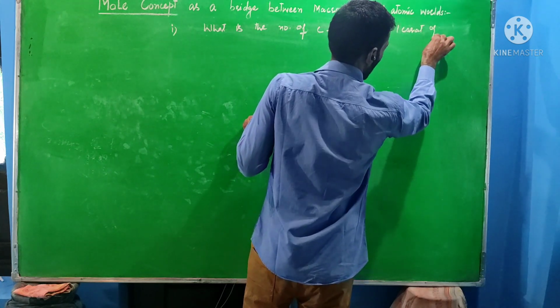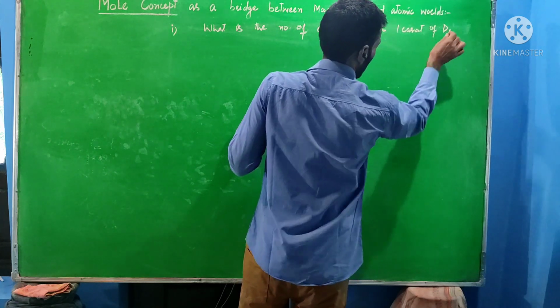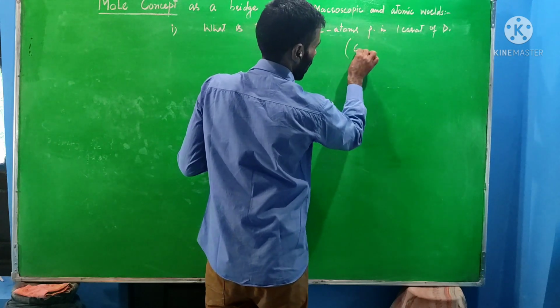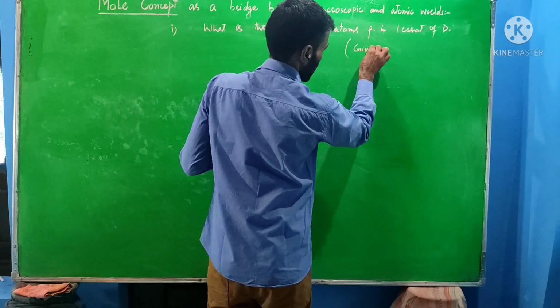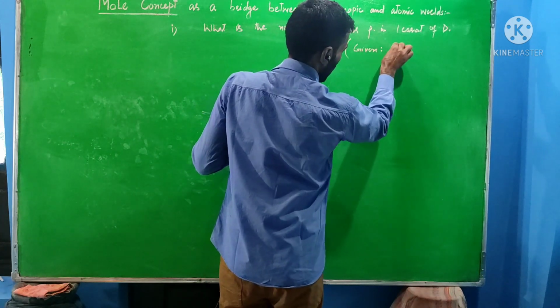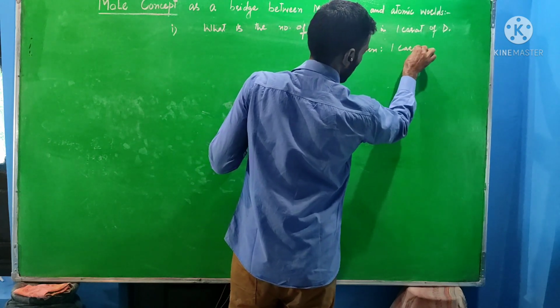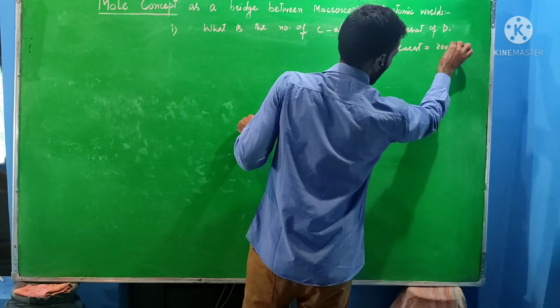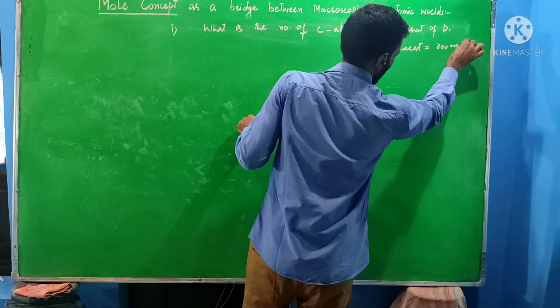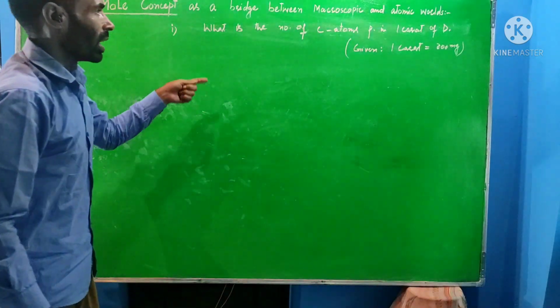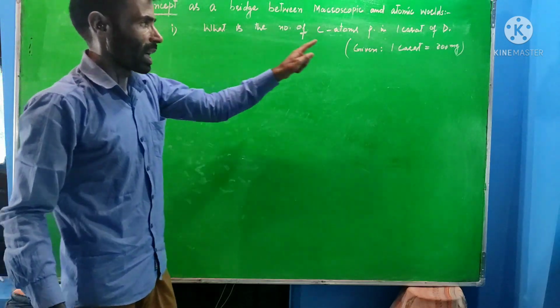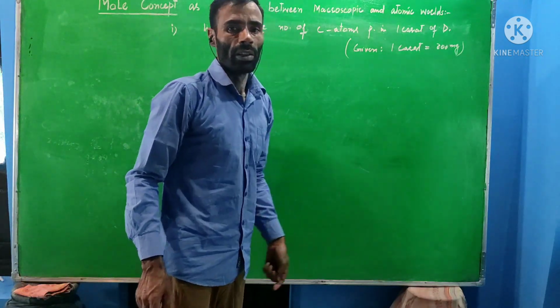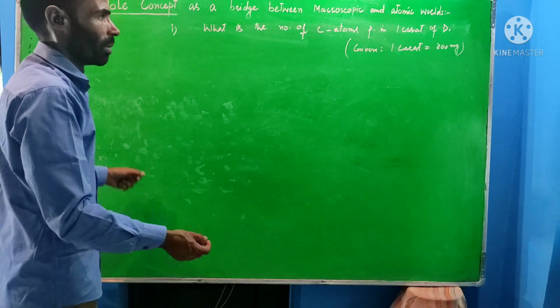It is given that 1 carat is equal to 200 milligrams. So we will now determine the number of carbon atoms present within 200 milligrams of diamond.